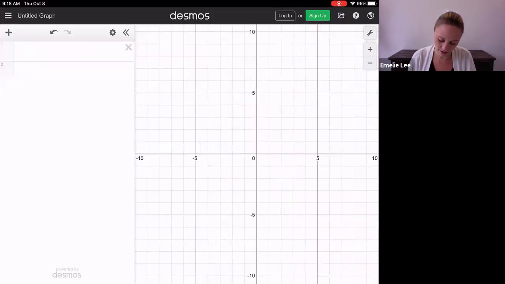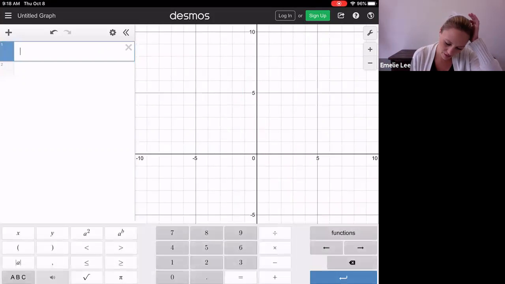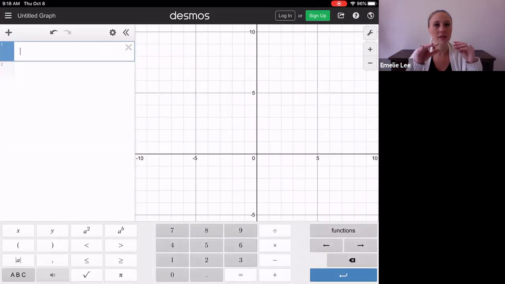And just to show you how to enter stuff, I'll get rid of it. So you can tell I'm not logged in or anything, you can just use it right away. And what you do is you use the little keypad at the bottom to tell it what to graph, right?